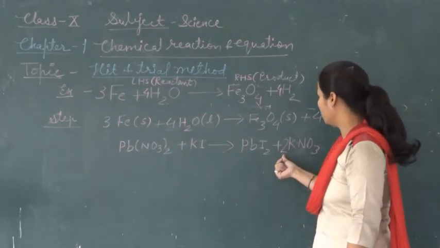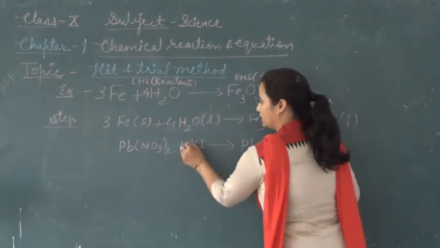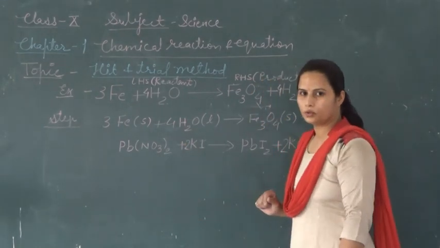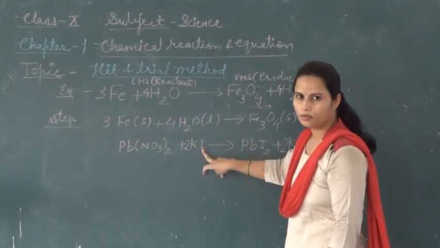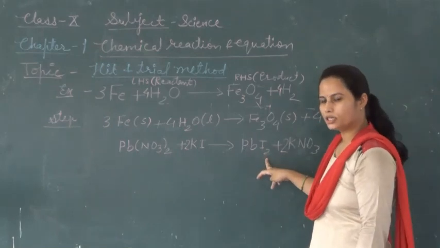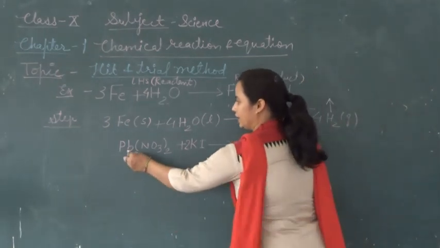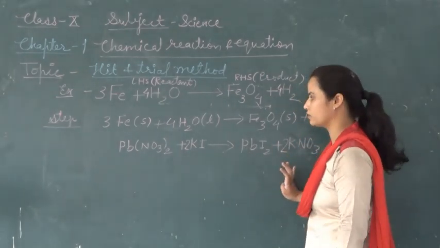Whenever we write here the 2, the number of potassium atoms is 2, so at the left hand side we write here 2. The number of iodine atoms is 2, so the PbI2 is balanced. The Pb is 1, here the Pb is also 1. Now it is a balanced equation.